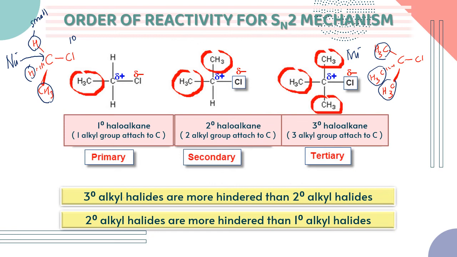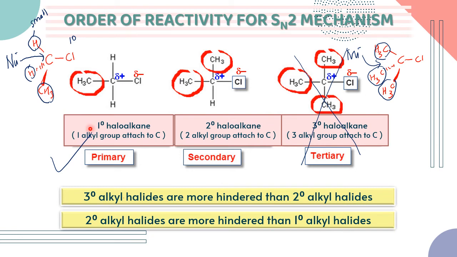So when you have an alkyl group, carbon itself is quite big. Okay, jadi bila dah tersusun banyak carbon kat sini, so nucleophile nak masuk ke belakang untuk lakukan backside attack adalah sangat susah. Okay, so that's why tertiary haloalkane unlikely to undergo SN2, while primary sangat suka.